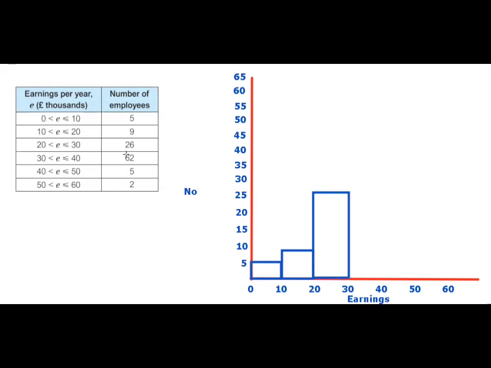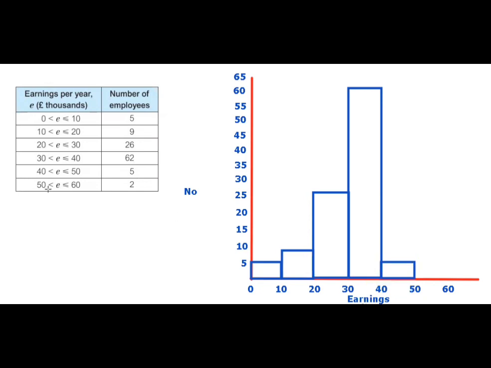Okay. And then from 30 to 40, it's until 62. So 60 is here, and here 62, yes. And then from 40 to 50, it goes until 5, which is over here, same as the first one.